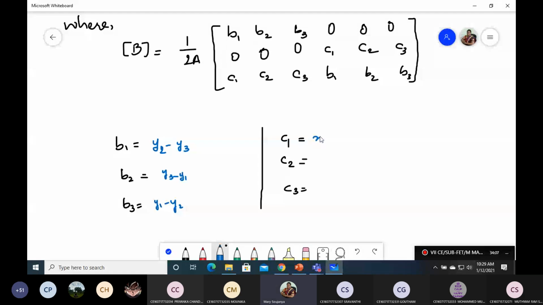C1 is x3 minus x2, x1 minus x3, and x2 minus x1.